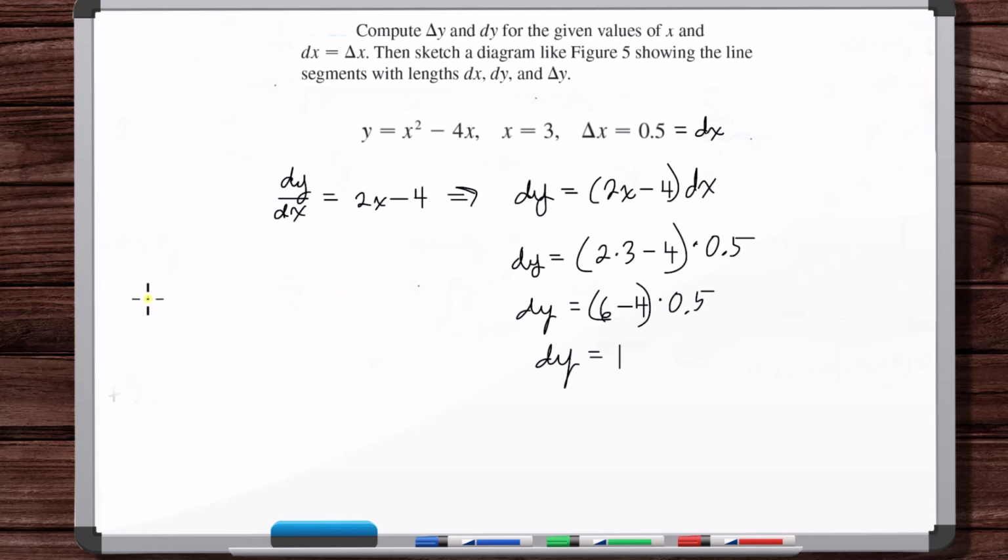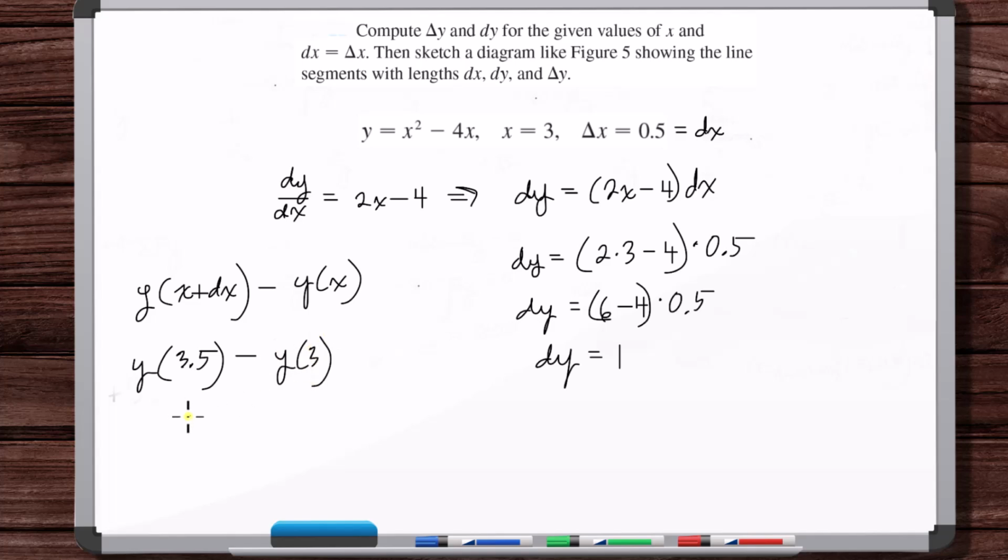Well, it's y evaluated at x plus dx minus y evaluated at x. So y evaluated at x plus dx is y at 3.5, and then y evaluated at x is y of 3.